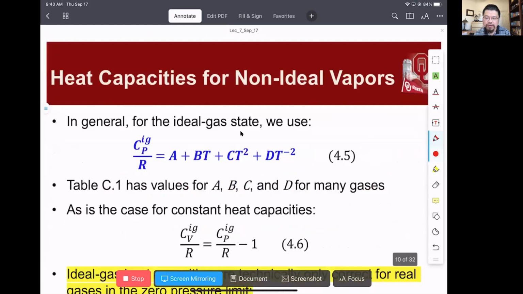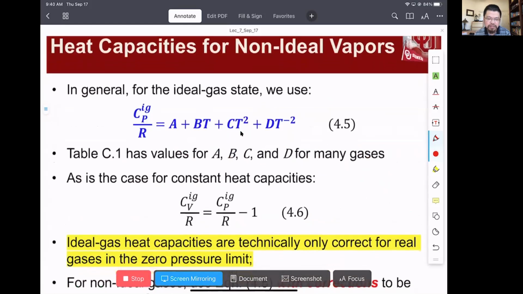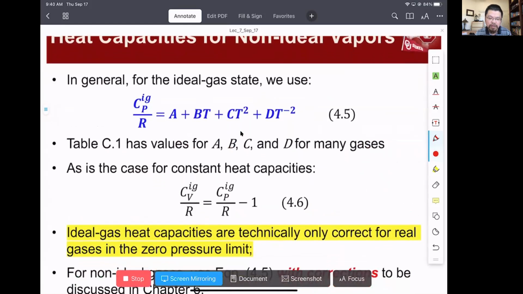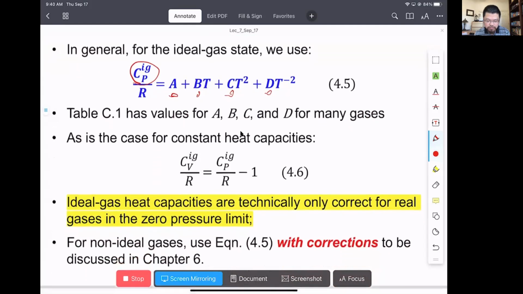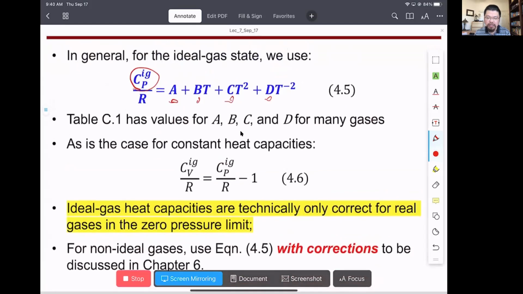Okay, so that is the first discussion we could have for the ideal gas. How about the non-ideal? If we are moving from ideal to non-ideal, then just look up those coefficients and see what their exact Cp and Cv values are. So that is basically the message on this slide.